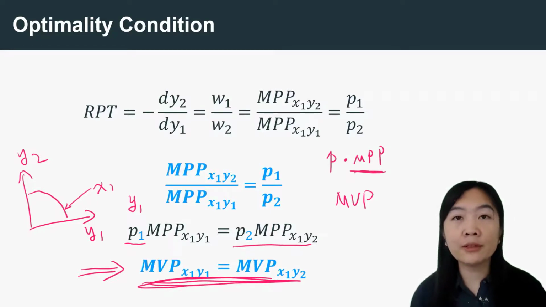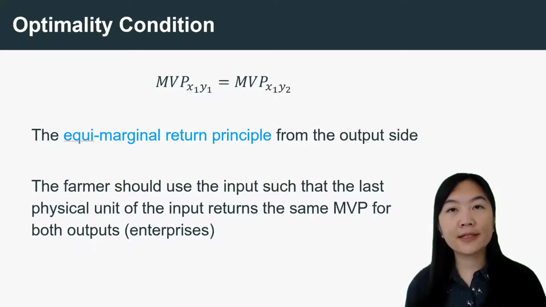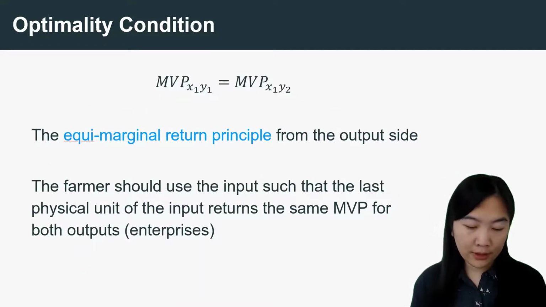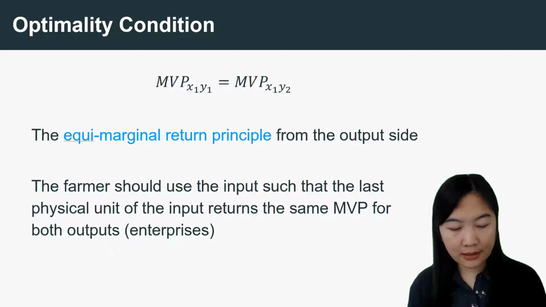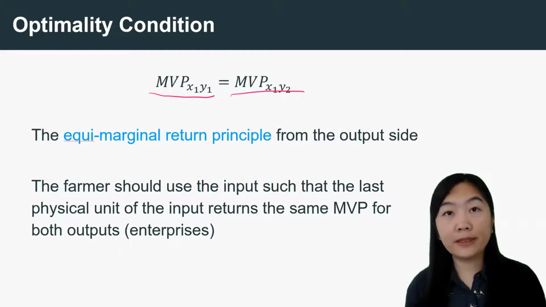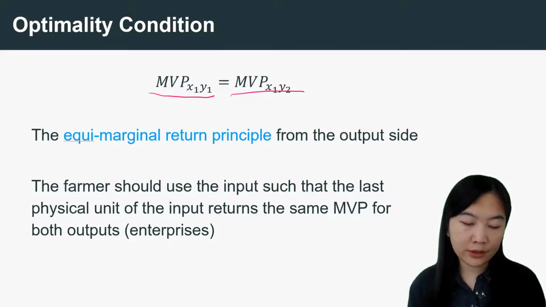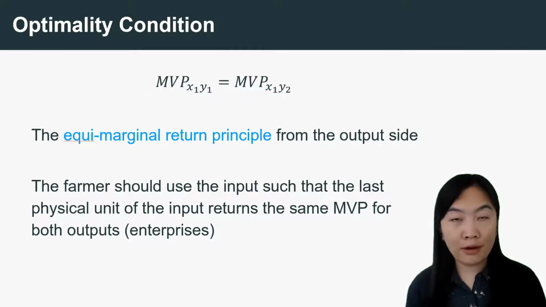However, if your input level changes, then your revenue maximization point will also change. This is the equal marginal return principle that I just mentioned: the MVP of y1 and y2 should be the same in order to maximize revenue.